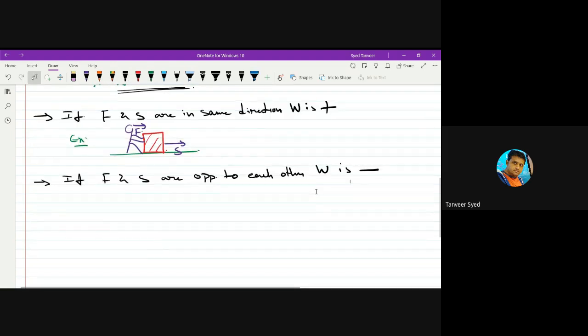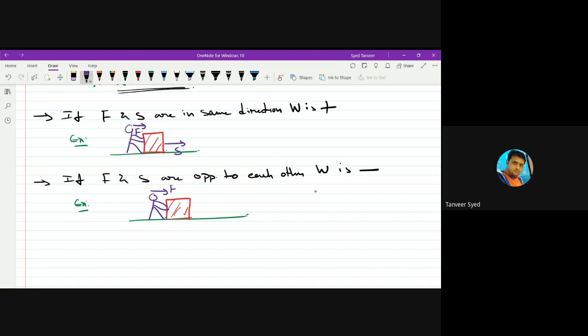How can force and displacement be opposite? I'll take the same example of pushing the block. You are applying force in this direction.